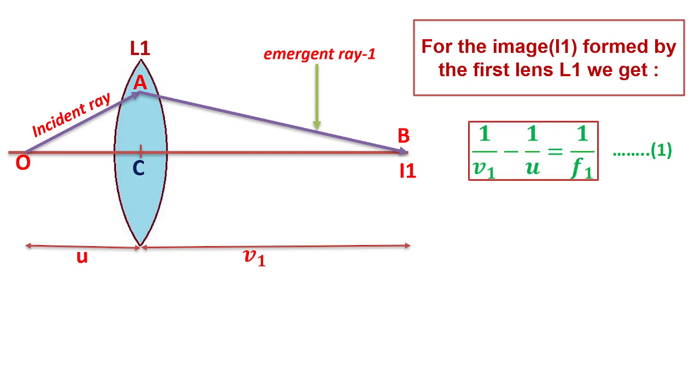Now another lens L2 is kept in the path of emergent ray 1.